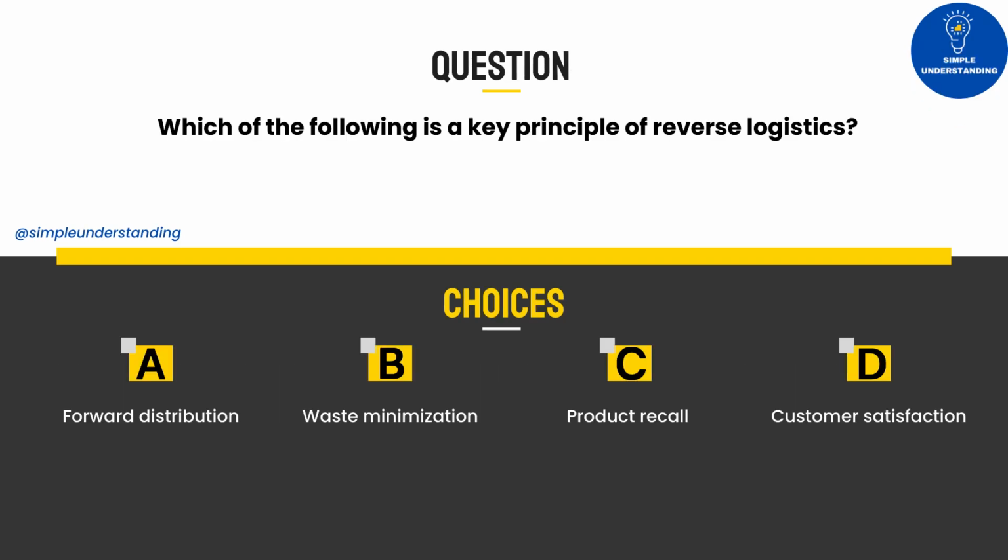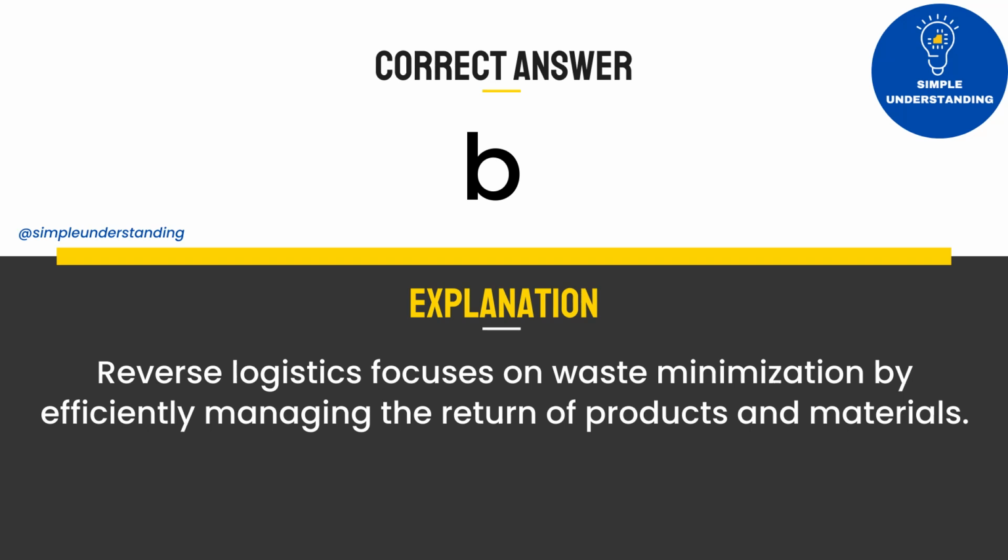2. Which of the following is a key principle of reverse logistics? A. Forward distribution. B. Waste minimization. C. Product recall. D. Customer satisfaction. Correct answer: B. Overall explanation: reverse logistics focuses on waste minimization by efficiently managing the return of products and materials. 3.